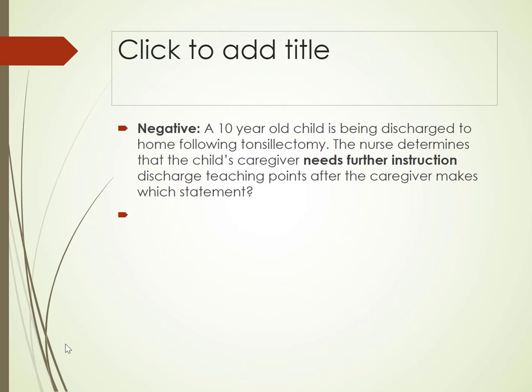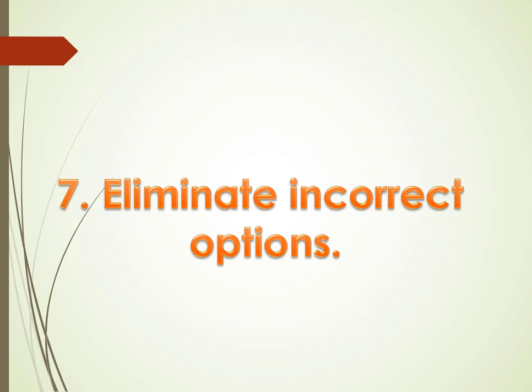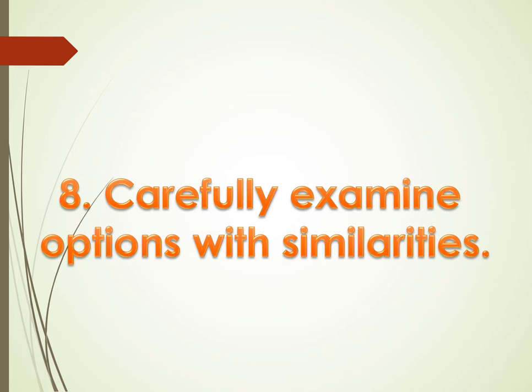Next would be eliminate incorrect options. If you think that letter B and letter D are incorrect, just eliminate them. Now you're down to two options, and on those two options, use your test-taking strategies. Remember to carefully examine options with similarities.